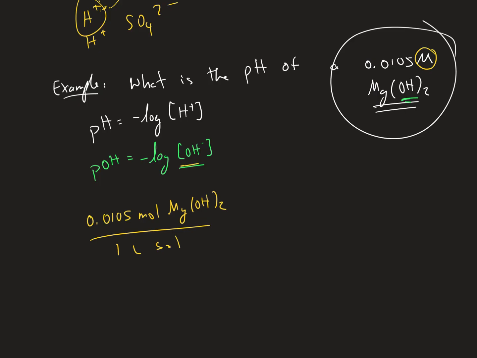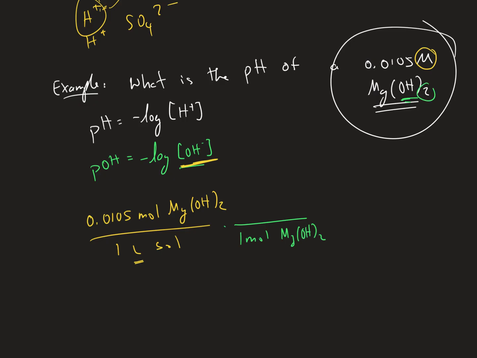We still want concentration, so do I need to get rid of this liters? No, we need to keep it, because we still need moles per liter, right? So we just need to change this into what? Moles of OH. That's it. So if we have 1 mole of magnesium hydroxide, how many moles of OH do we have? 2, right there.